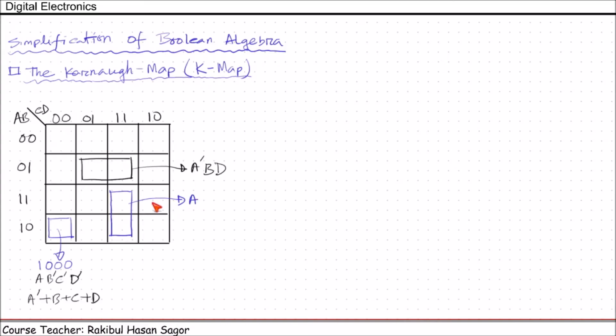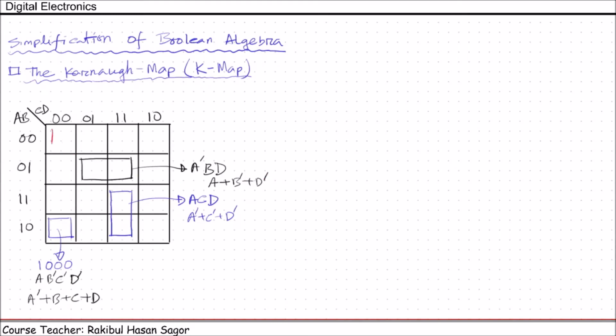Here in this vertical line, C equal to 1, D equal to 1. So we'll write C, D. So the name of the box in terms of product term is A, C, D. In terms of sum term, we can write A prime plus C prime plus D prime. And in terms of sum term, the name of the previous box can be written as A plus B prime plus D prime. I think it's very simple.